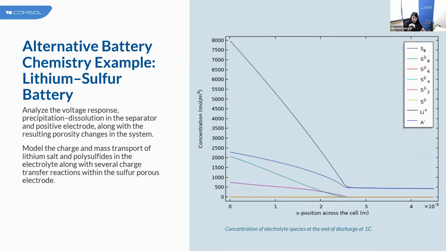You get to see where polysulfides are and why they travel to the other side and participate in parasitic reactions. So not only do you get to see the bottlenecks, which can later help you manufacture better or experiment better, but you get to see things that are experimentally impossible to measure, which can later shed light on the issues that your cell is exhibiting.